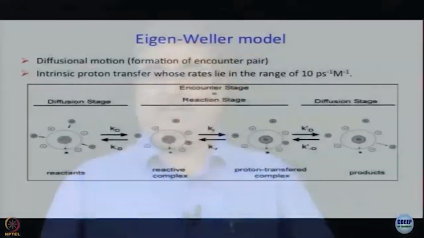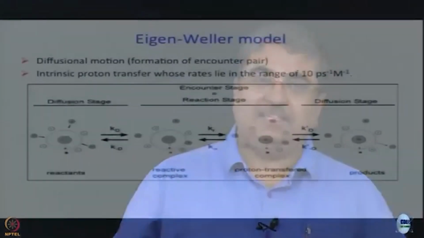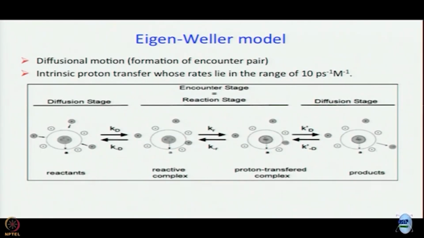So, there has been a continuous improvement in theoretical studies in this context, and a very celebrated model that existed already is the Eigen-Weller model. The experimental results of Neibering that I showed you earlier, and that I am going to show you in a few minutes once again, did not fall from the sky, because they already knew that the Eigen-Weller model existed. Remember, I had talked about the encounter stage, and all that was actually predicted theoretically.